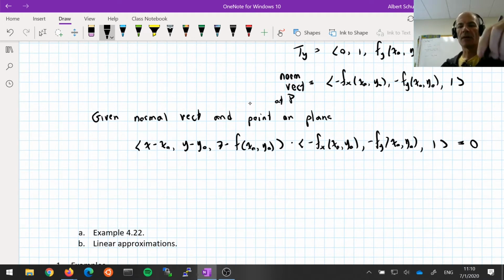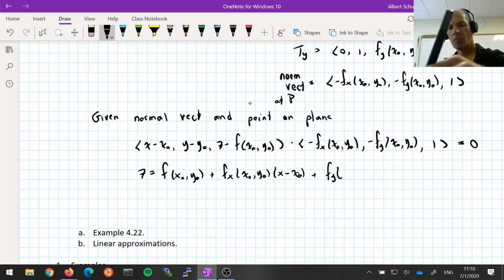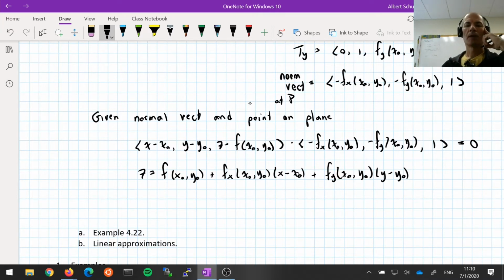And if you do the dot product and you solve for z, you get exactly the expression that's in the textbook. That's the equation of the tangent plane.